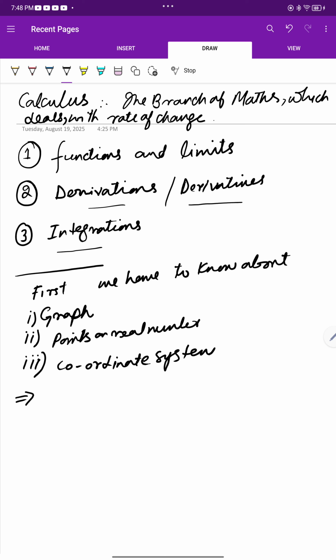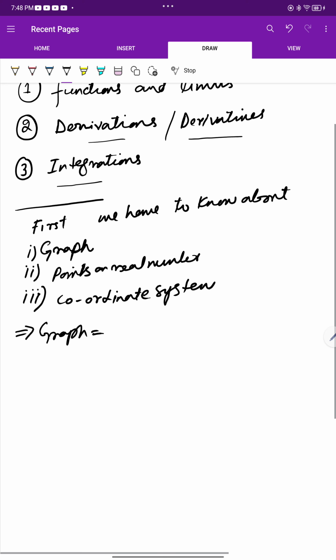But first of all, we have to know about the graph. What is a graph? It's a paper, and I'm going to come back to the real number line. It's two perpendicular lines like this.